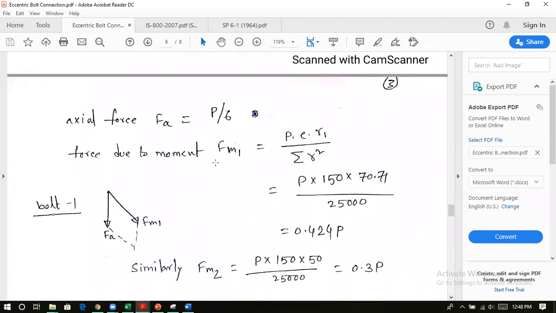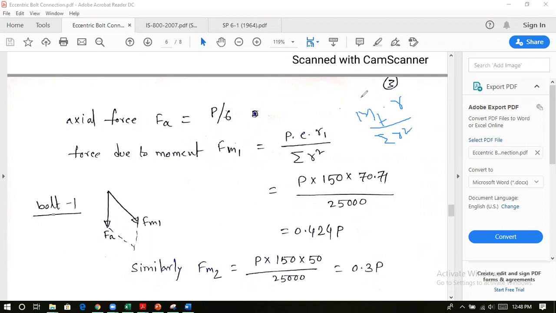Now in the previous video we have seen that the force on any bolt due to moment is equal to MT times the radial distance divided by the summation of R square. This is the total moment. Total moment will be equal to load multiplied by eccentricity.